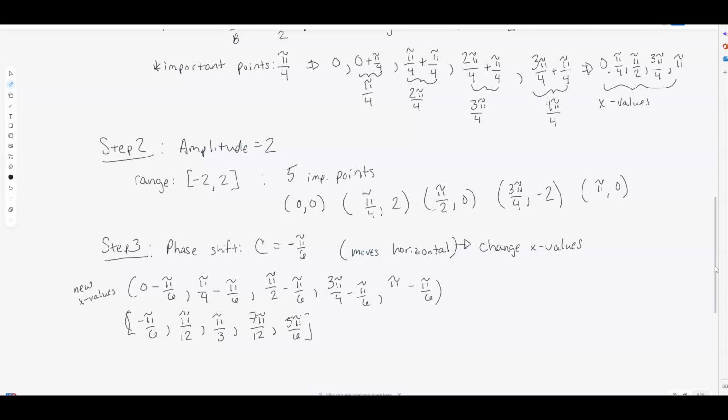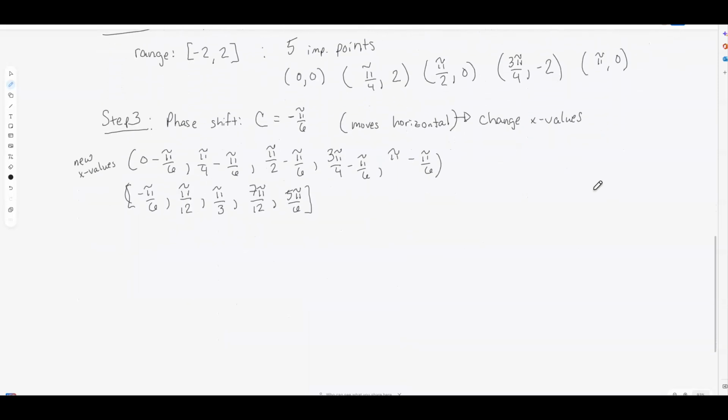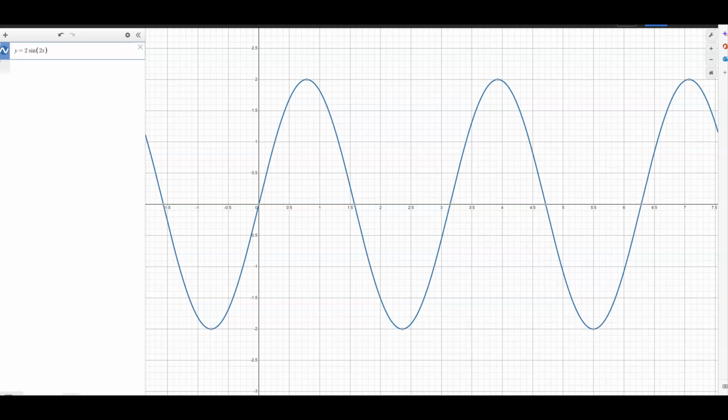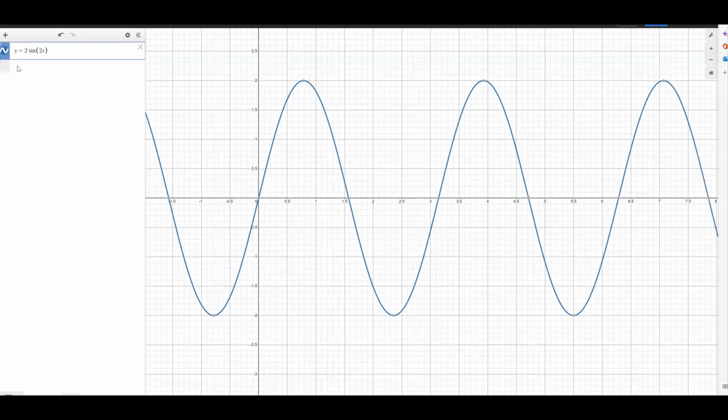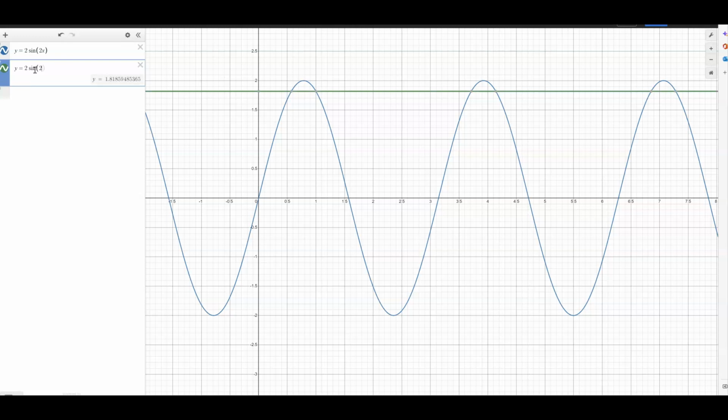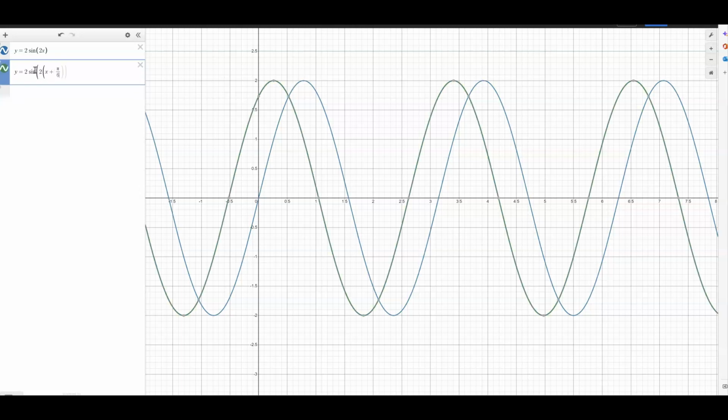Okay. And so again, right, we're going to go into the Desmos graphing calculator, and I'm going to now change this. This becomes y equals 2 times the sine of 2 times x plus pi over 6.